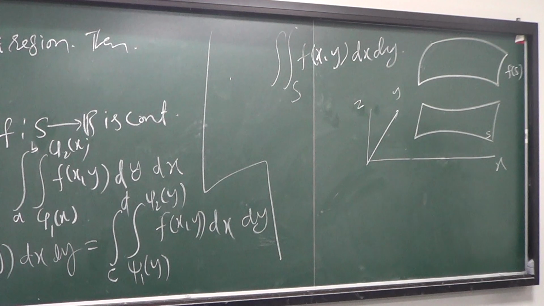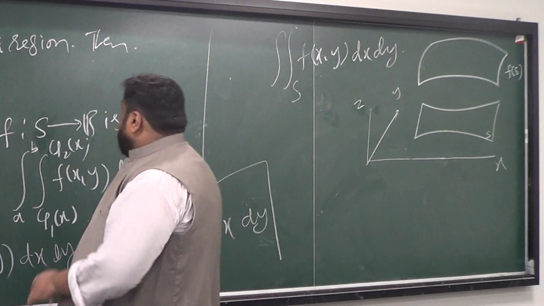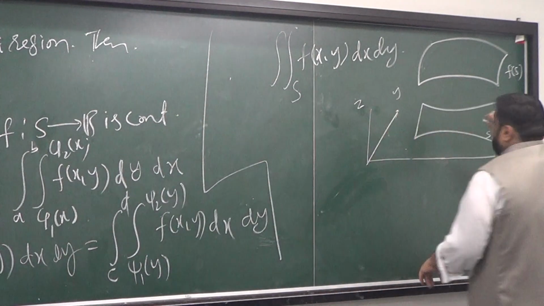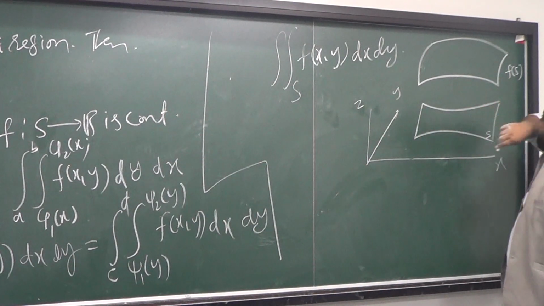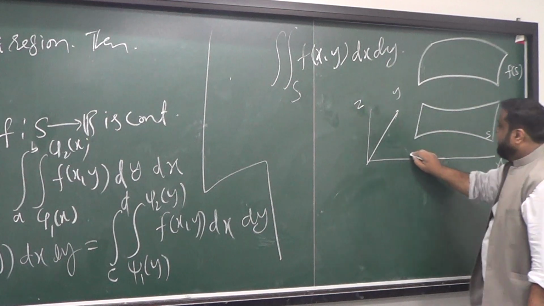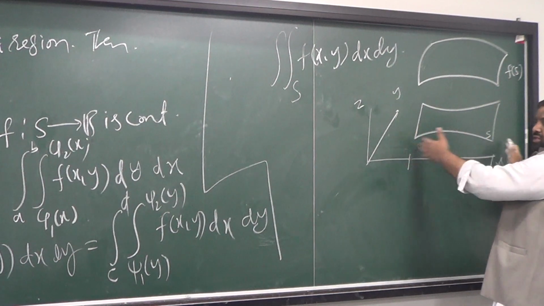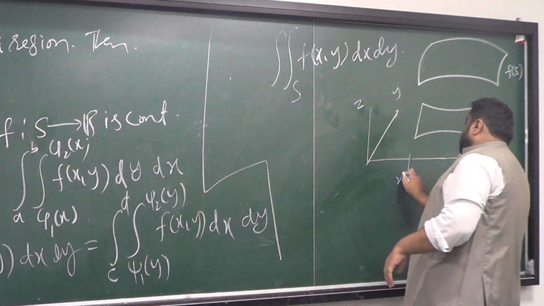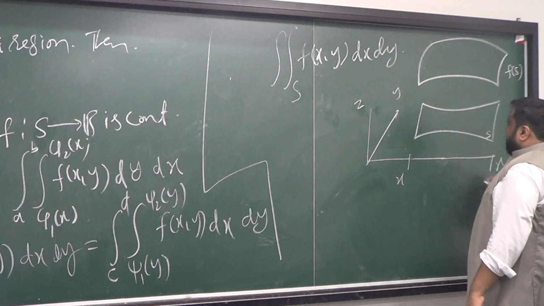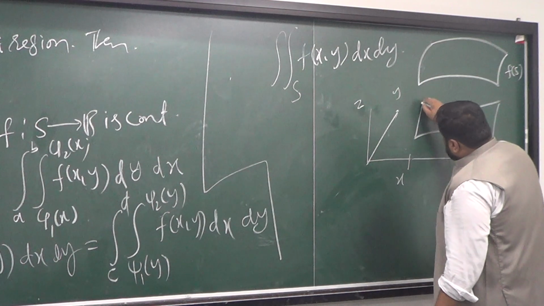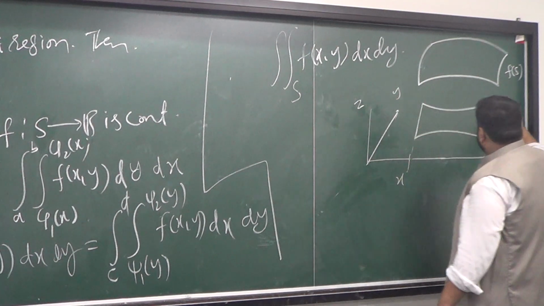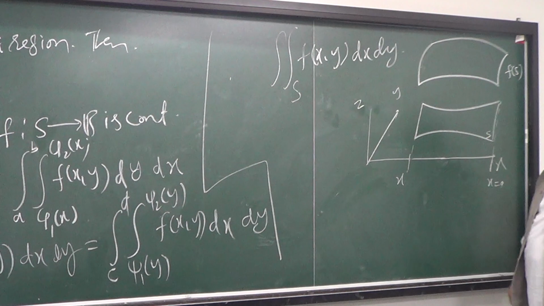So how do I draw the slice? Let me show you the slice. It's really difficult to draw a slice, but first of all, this is your interval a to b, where this Fubini type region is defined. So this is the line x equal to a, and the line x equal to b.